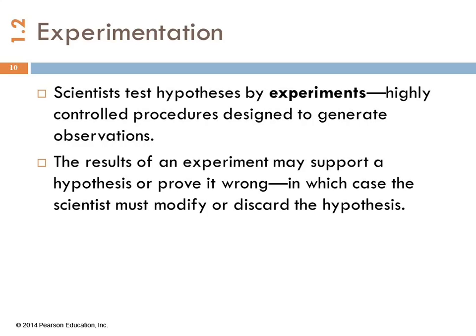What's an experiment that we could do to figure out what's going on with the bathroom floor? We could clean it up, and then we could see if it comes back, right?